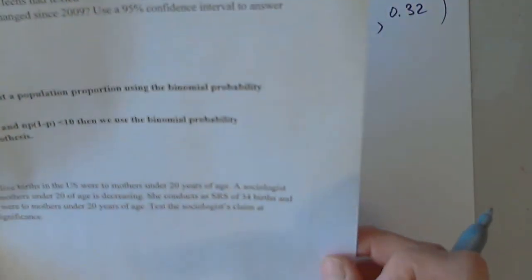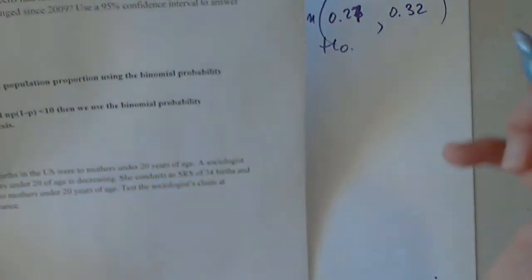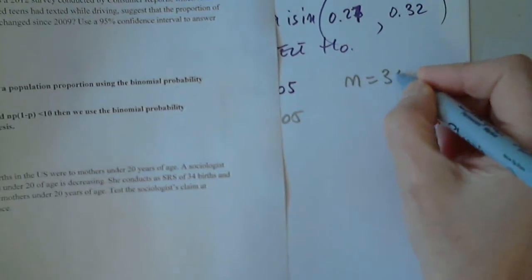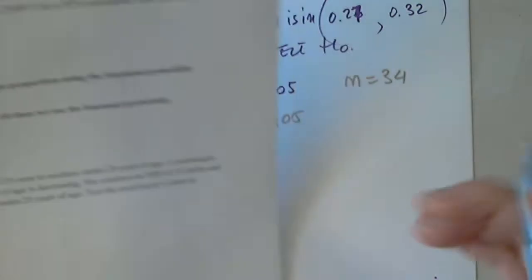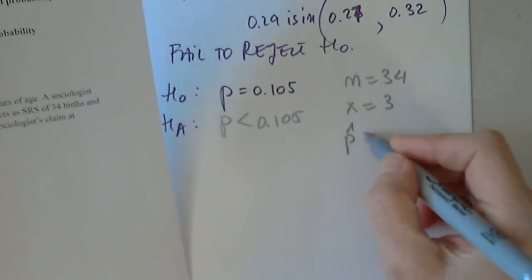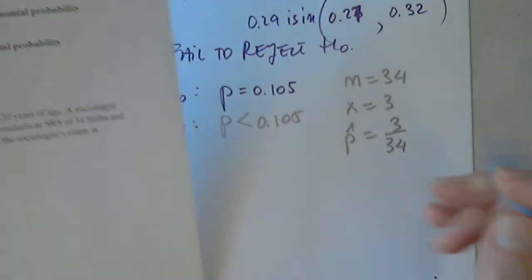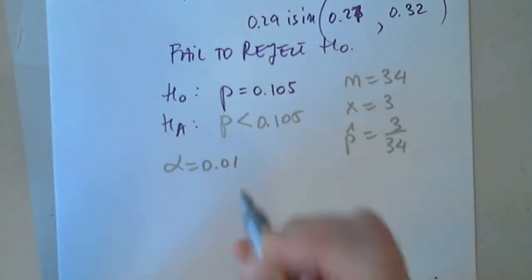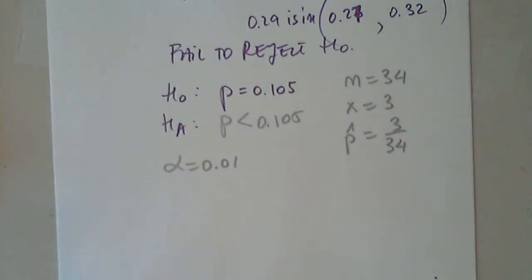She conducts an SRS, simple random sample, of 34 births and finds that 3 of them were to mothers under 20 years of age. So p hat is 3/34. Test the sociologist's claim at the level of significance 0.01.